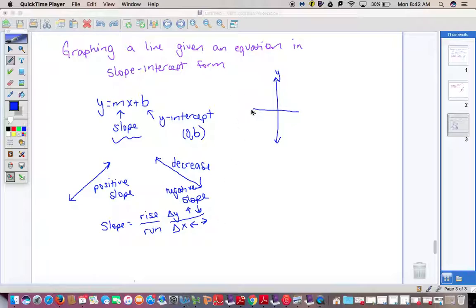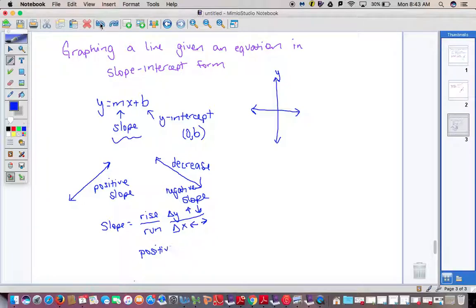Now, if you're trying to figure out what's a positive and what's a negative here, we can just look at our positive slope. If we have a positive slope and say this is a given point, we can find another point on this line by going from the original point up and to the right.